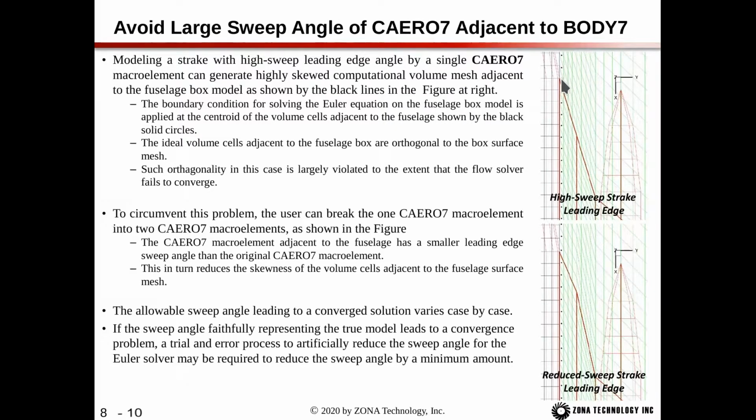So that's here. And the ideal volume cells adjacent to the fuselage box are orthogonal to the box surface mesh. And this orthogonality obviously is violated to the extent that the flow solver fails to converge.